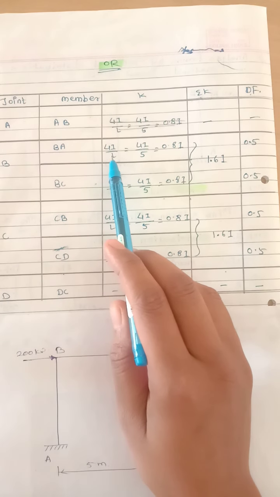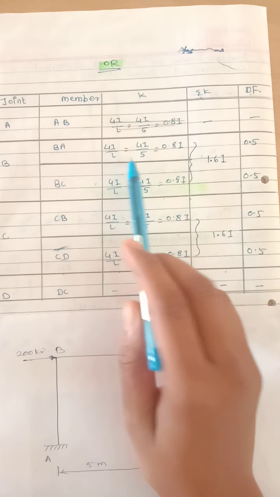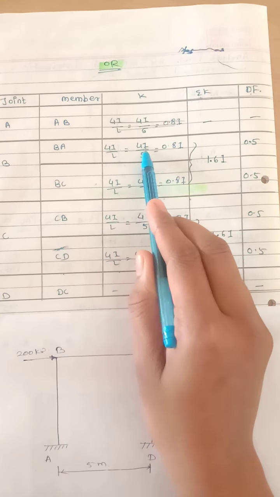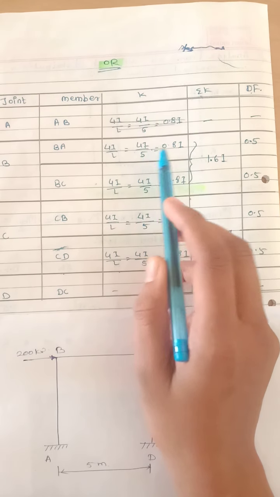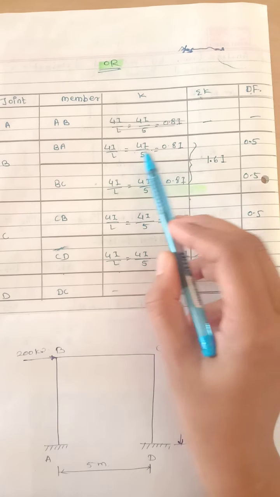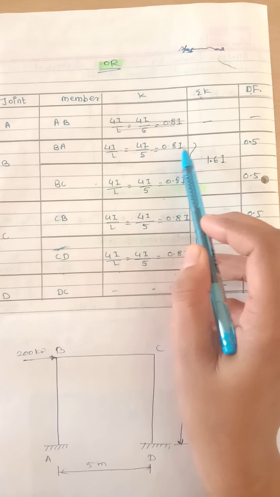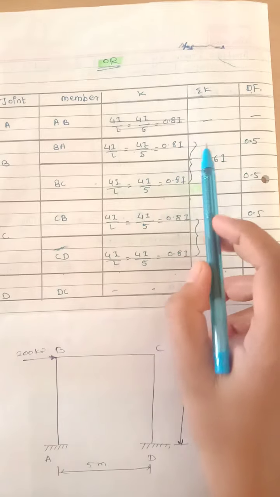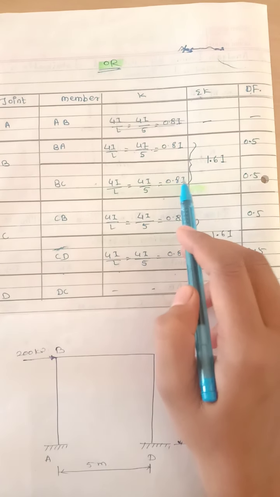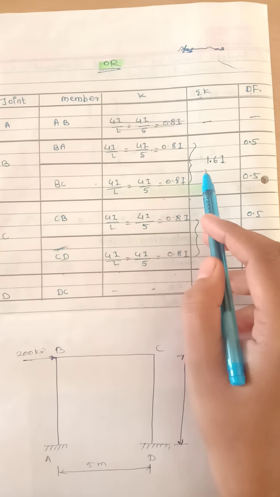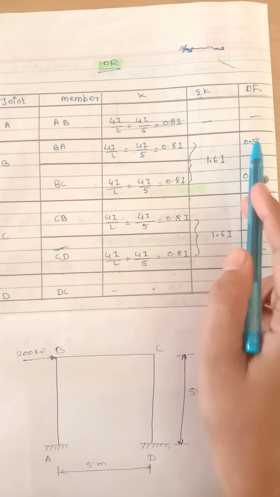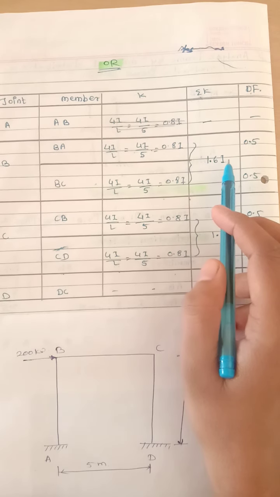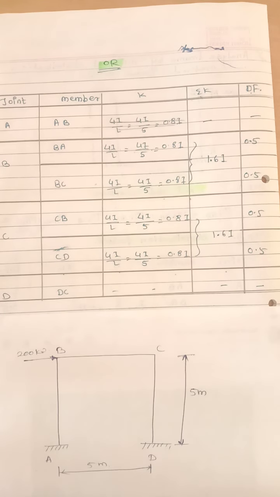Putting values in the formula, 4I divided by length 5, so 4 divided by 5 is 0.8I. Similarly for the other members the same value applies. So summation of K is 0.8 plus 0.8, which is 1.6I. Then the distribution factor 0.8 divided by 1.6 is 0.5.